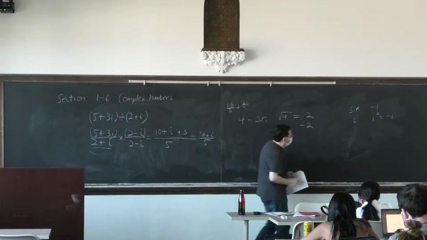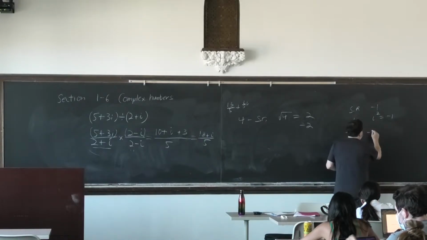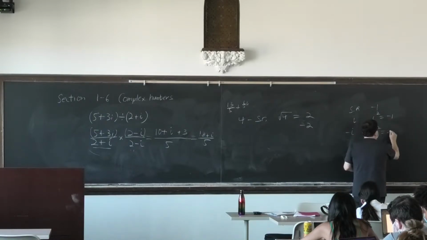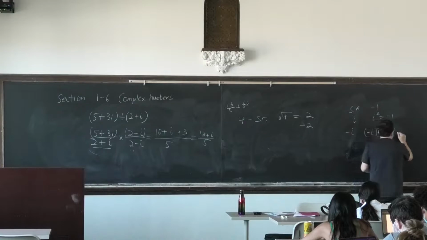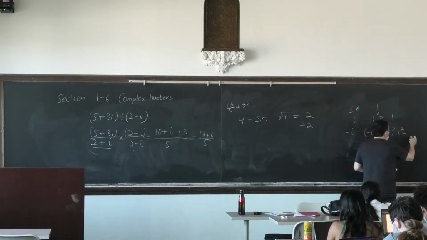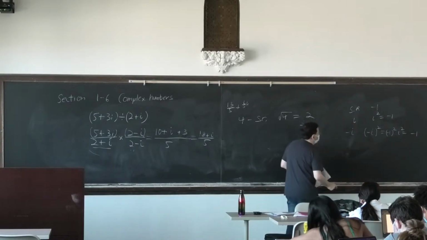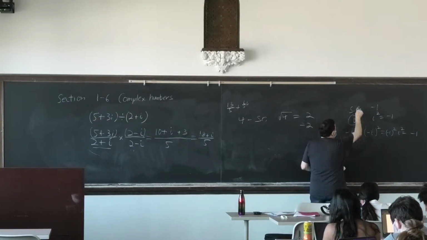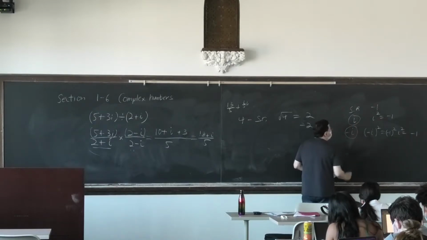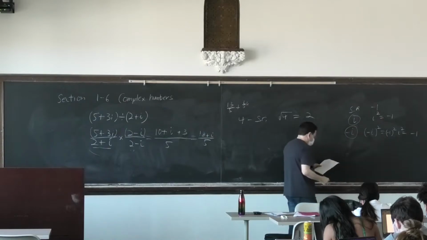And in fact, if you take minus i and square minus i, that's -1 squared times i squared. -1 squared is 1, i squared is -1. So the point is that there are two roots to -1. Call one of them i and one of them minus i.